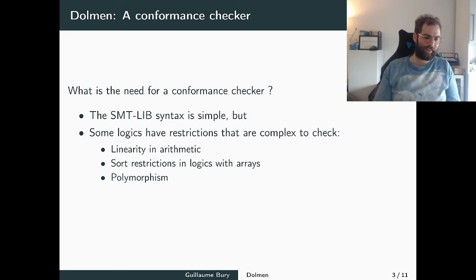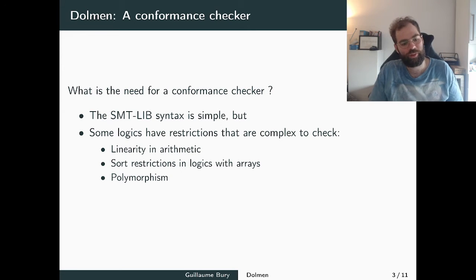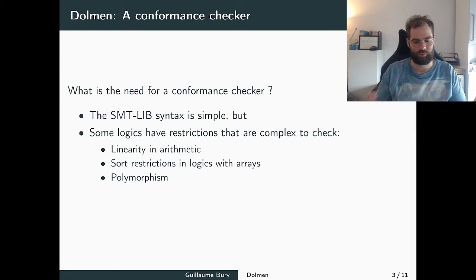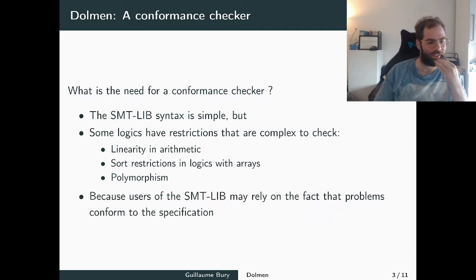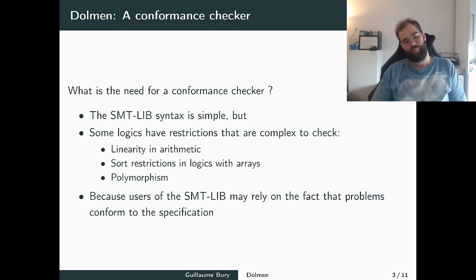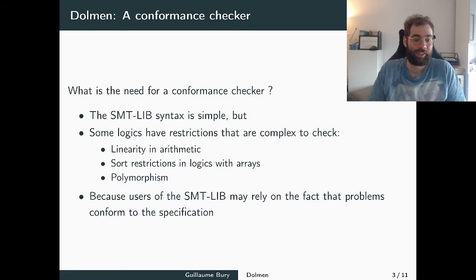And lastly, SMTLIB has some degree of polymorphism, and it can sometimes be not trivial to check polymorphism and things like that. But more importantly, I'd like to say that as long as there exists a standard, so the SMTLIB standard or specification, it's interesting to have a way to check conformance with that standard. Because if the standard exists, it's because it's useful.